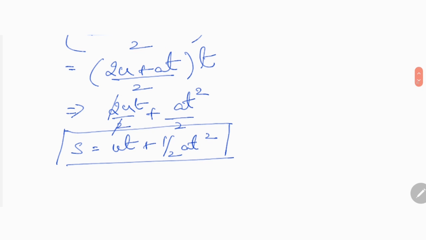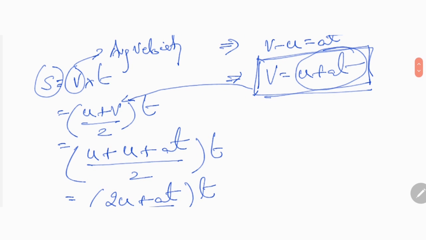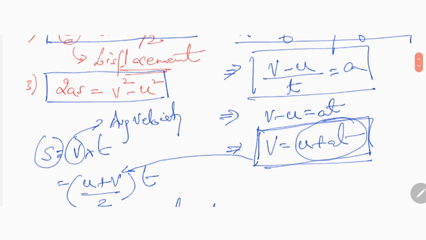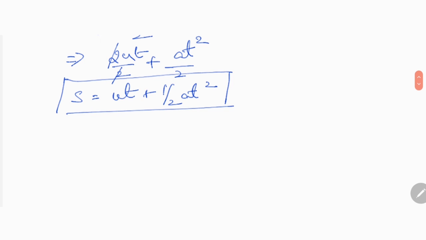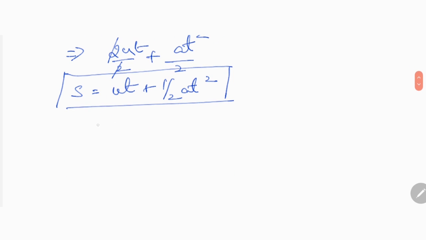Now let's go to the derivation of our final formula. So let's do it. Okay, now we know our average velocity, our distance traveled is equal to our average velocity into time.